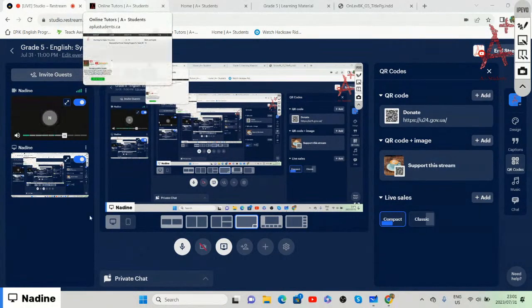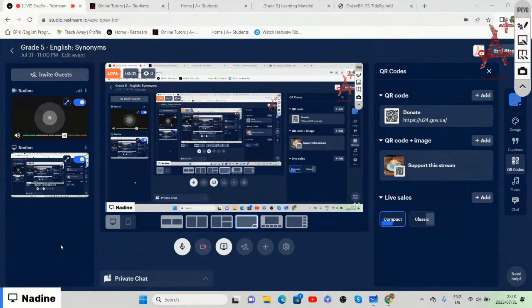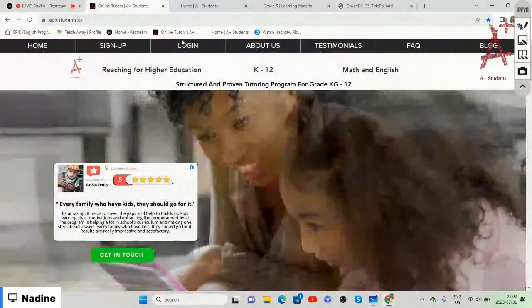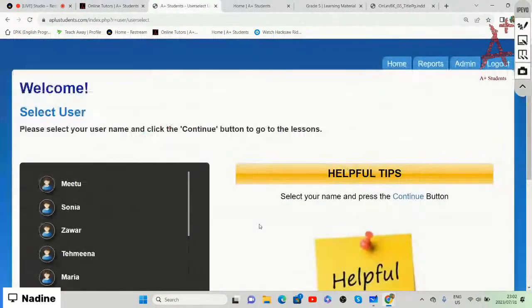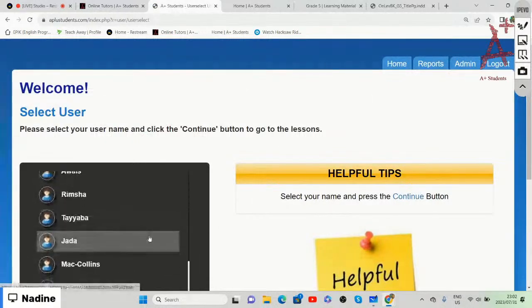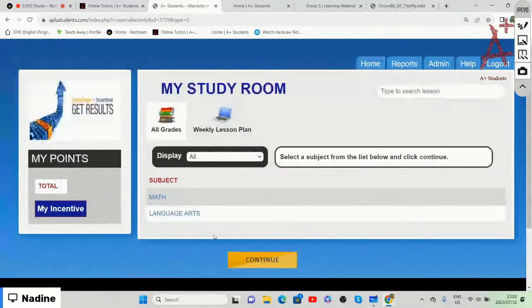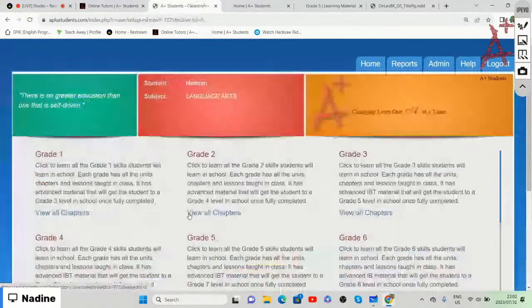Once you log into aplusstudents.ca, you're going to log in with your username as well as your password, and then you are going to select the subject of language arts. And then we go to grade 5.